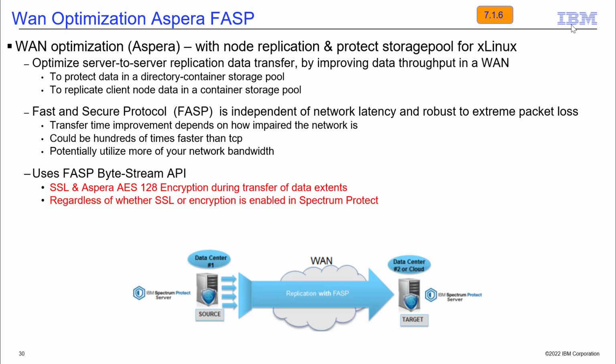And it really works well if you need to optimize your server-to-server replication data transfer. And this is usually because you have a network that is impaired or losing a lot of packets. FASP will use SSL and Aspera AES 128 encryption during the transfer, and this is regardless of what SSL or encryption is enabled on the Spectrum Protect servers.